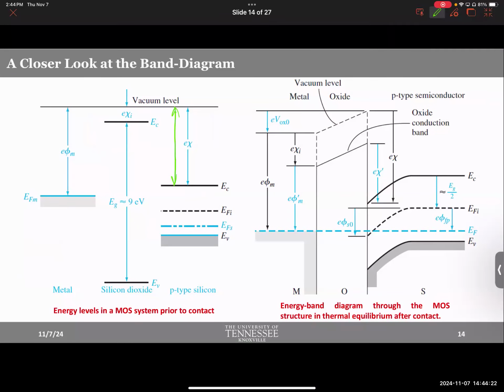This is chi, and then can I say this is band gap over 2? Half of band gap, because the intrinsic Fermi level is midway in the band gap, right? Okay, and then how much do I need to go? This much. Can anybody tell me what this is? That will show how many of you remember. We talked about the difference between the Fermi level and the intrinsic Fermi level many times.